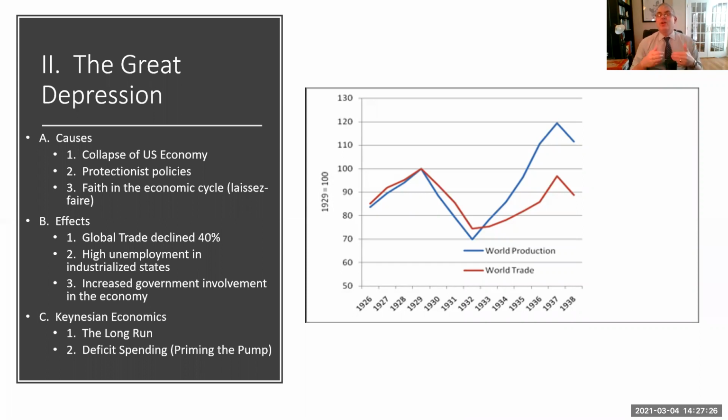The government will start to regulate and be involved in the economy more than ever before. In your notes, you want to star this point because this is the big point, is that because of economic challenges, the government will assume more responsibility for the economy. Think about our society today.